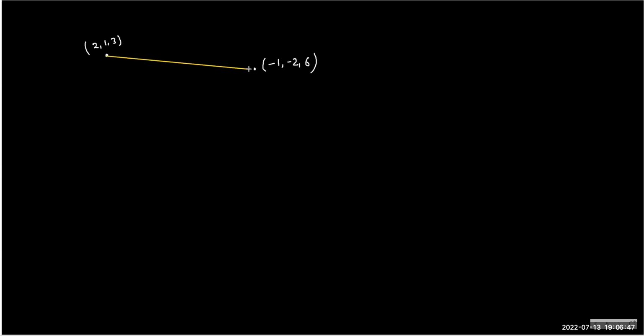I don't know how it is in space actually, I have no idea, but that really doesn't matter. Then I have point, let's call it A, let's call it B, and I would like to know the coordinate of the point C, which divides in the ratio of 2:3. That's my only goal.